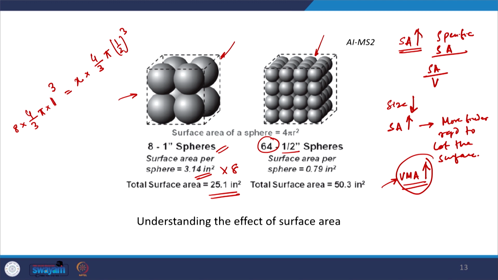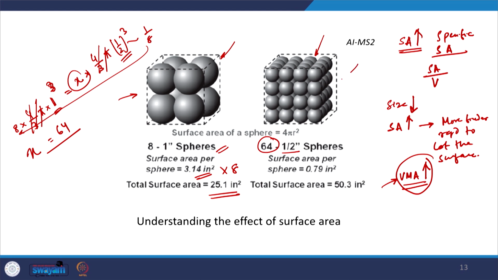So, this is 1 because we have taken 1 inch dia here, and this is half inch dia. If you do this calculation, the value of x will come out to be 64. You can see very easily that this gets cancelled completely, so this becomes equal to 1 by 8 and x becomes equal to 8 into 8, which is 64.